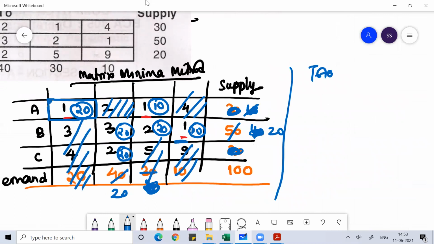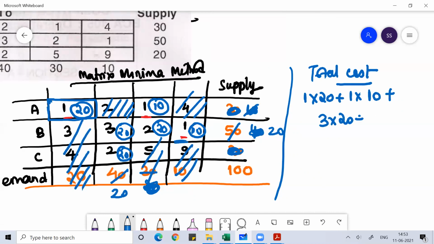The total cost, if you find it, will be 1 into 20 plus 1 into 10 plus 3 into 20 plus 2 into 20 plus 1 into 10 plus 2 into 20.